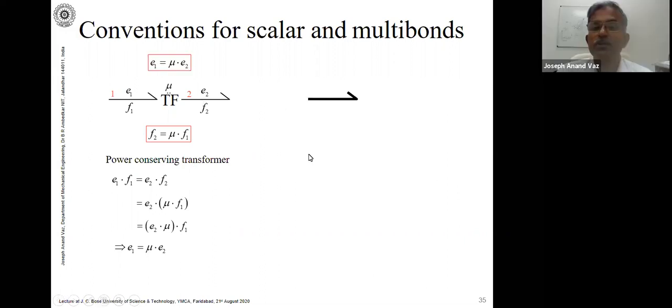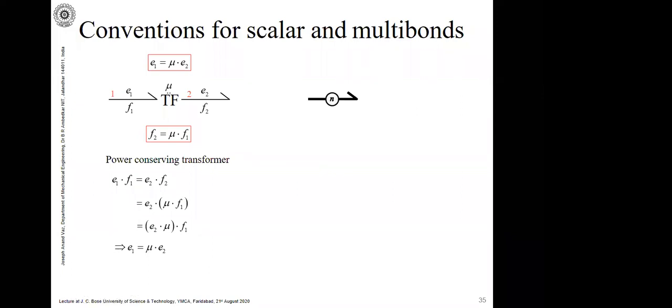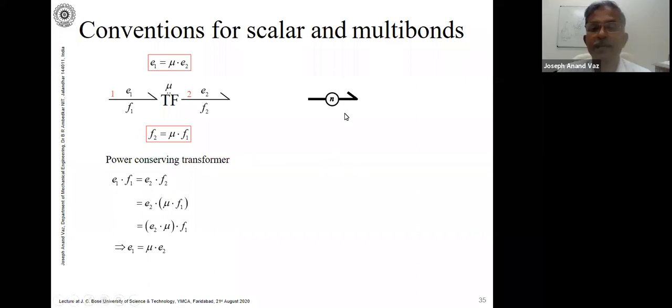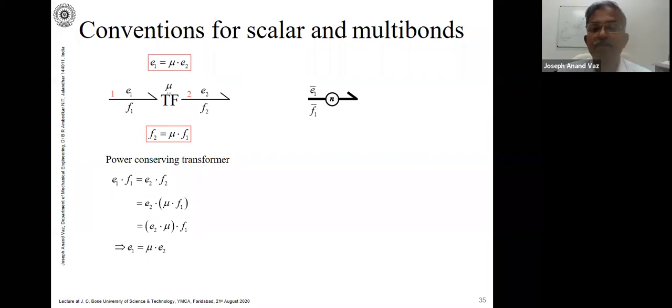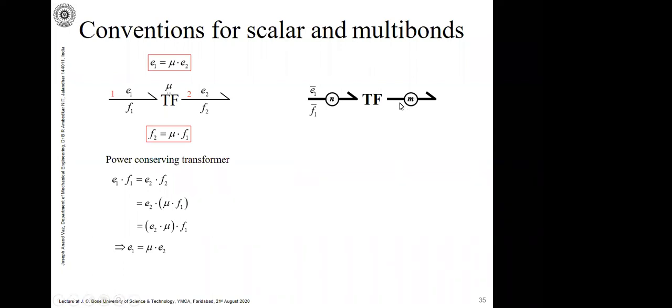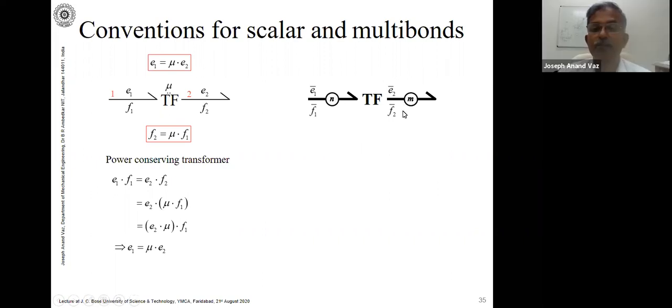In multi-bonds, something similar takes place, except there is a subtle difference. Suppose you have a multi-bond of cardinality n with vectors E1 and F1, and you have the other bond connected to the transformer with cardinality m, and you have E2 and F2 as the vectors.